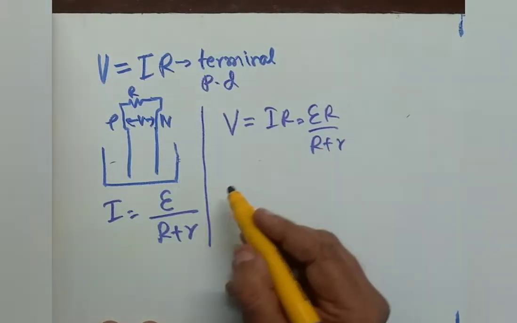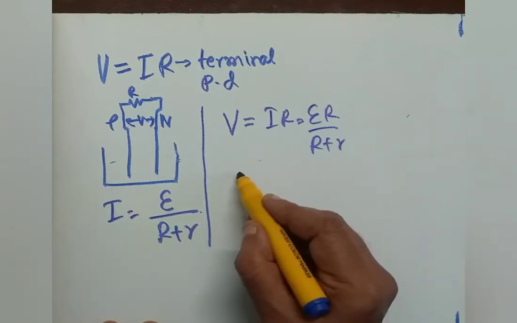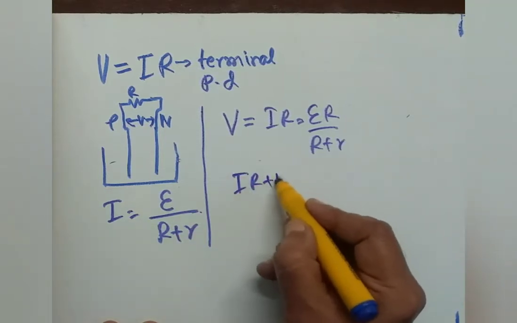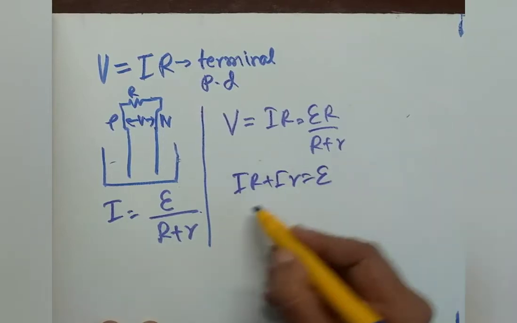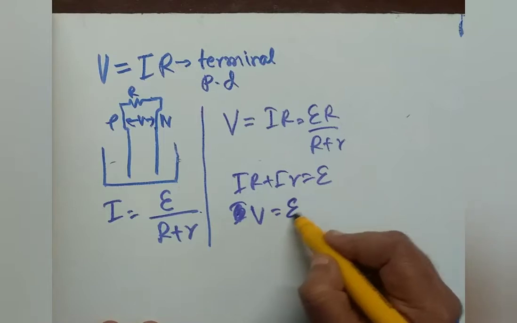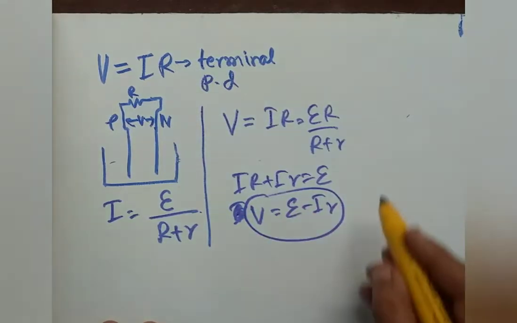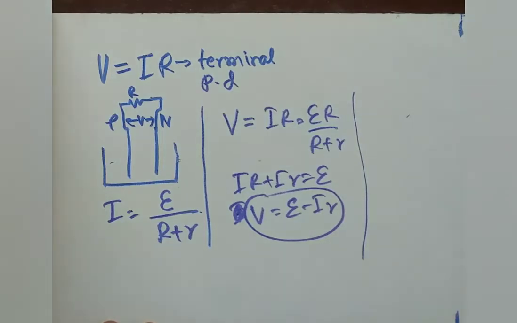Or this can also be written like this. From this expression, we can write I into R plus I r equals E, or I into R, which is V, equals E minus I r.